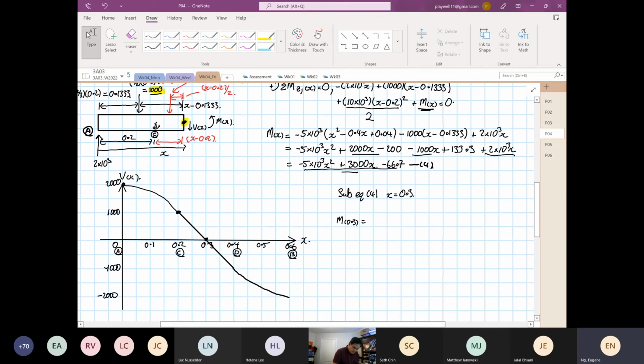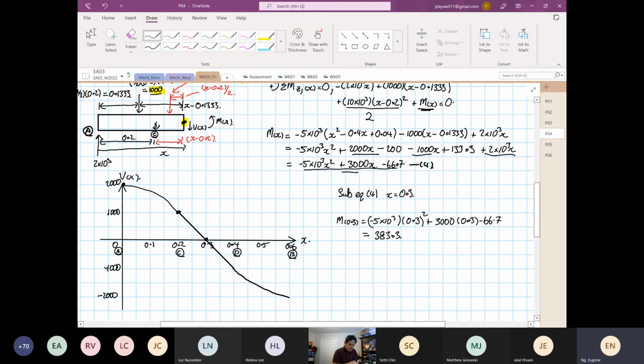So minus 5 times 10 to the power 3 multiplied by 0.3 squared, plus 3000 multiplied by 0.3, minus 66.7. So it's equal to 383.3.